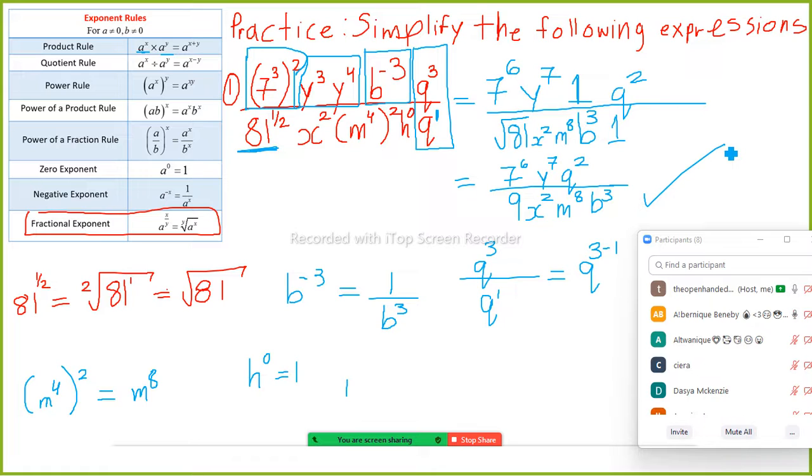Can we have another one? Yeah, most definitely. Any questions on this? So even if you don't put the 1, it's still the same.